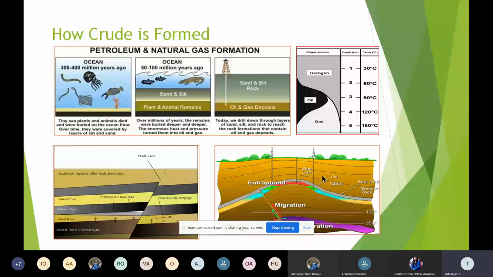And then the process of further verification is undertaken, and then the hydrocarbon resources are brought up to the surface, further processed, and then that is what we know it to be today.